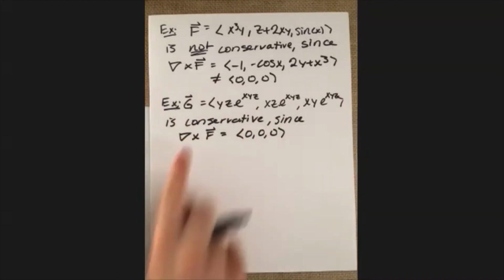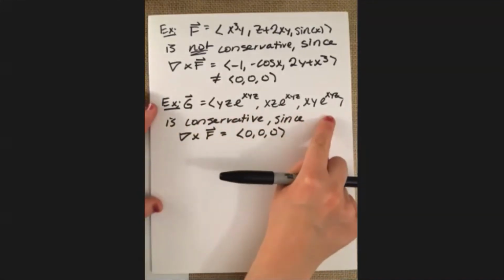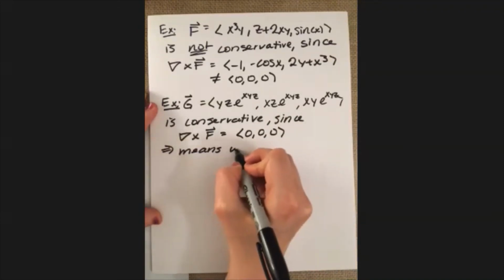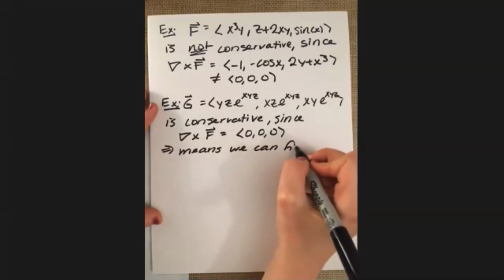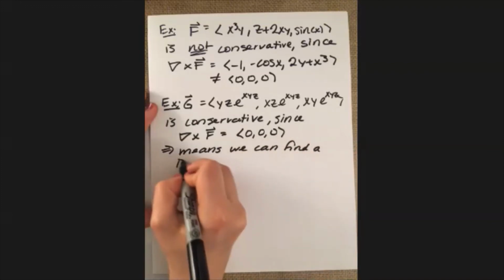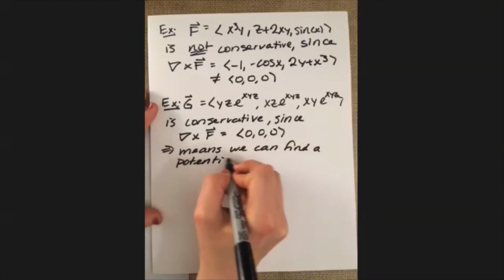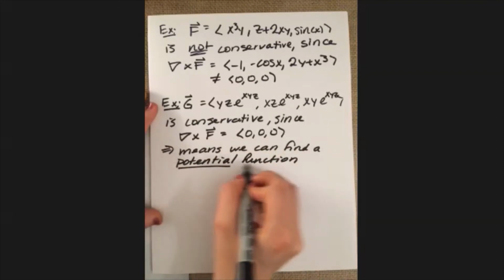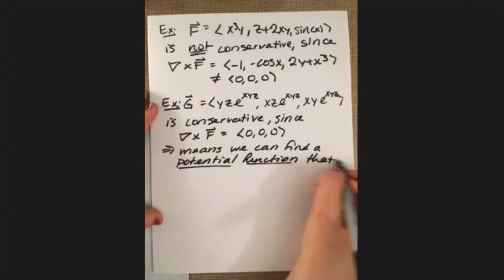So for this particular vector field, we can find a potential function that produced it.